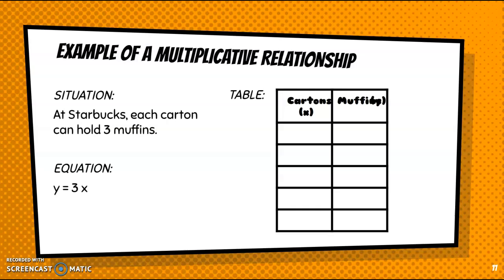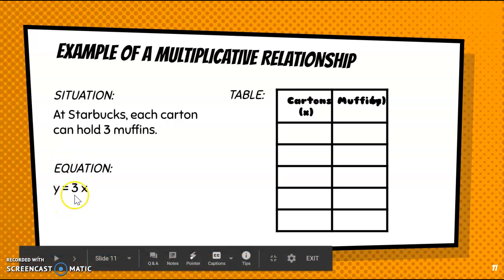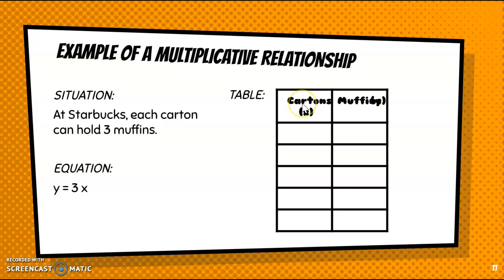So let's look at an example of a multiplicative relationship in multiple representations. If we look at our situation, at Starbucks, each carton can hold 3 muffins. So our equation would be y equals 3x, 3 being the muffins that each carton holds, and x would be the number of cartons.